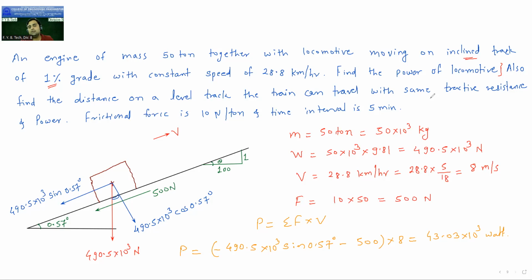They have asked us find the distance on the level track the train can travel with same tractive resistance and power. म्हणजे ही जी पॉवर दिलेली आहे ही पॉवर आणि हा फ्रिक्शनल फोर्स हे सेम आहेत. ओके, तर लेवल ग्राउंड असेल तर ट्रेन किती लांब जाईल, किती त्याची डिस्प्लेसमेंट होईल असं आपल्याला विचारलंय. विथ द सेम पॉवर अँड सेम ट्रॅक्टिव्ह रेजिस्टन्स. So we will solve it now.